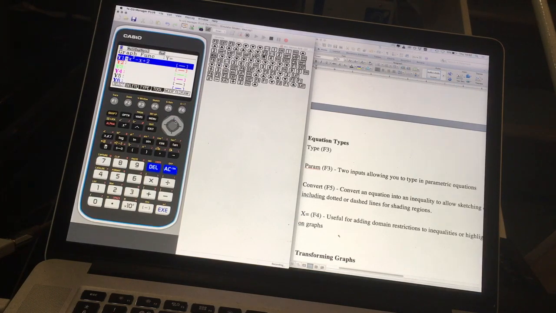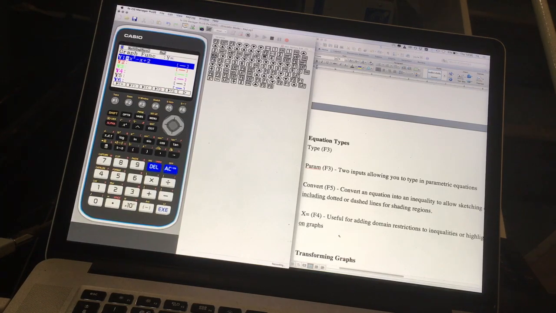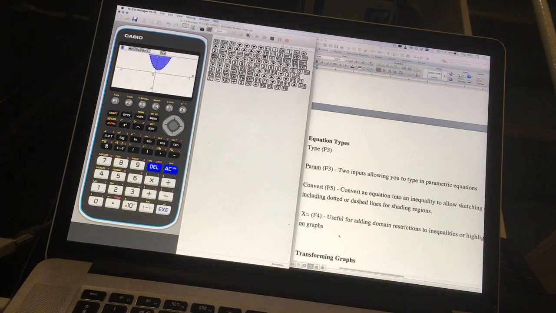Once you've typed it in, if you go to type and then convert, I can change it into an inequality. Let's go for y greater than. So y is greater than x squared minus x plus 2. If we draw that, it will shade it all in like they ask you to do in the inequalities topic. It's shaded in, and it's given us a dotted line as well because I said greater than.